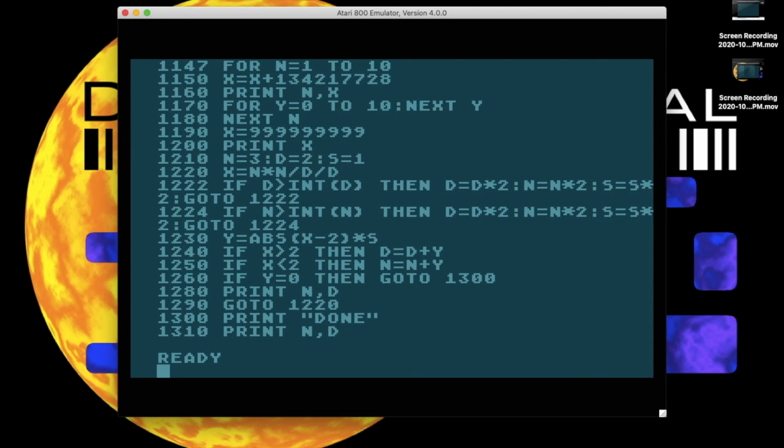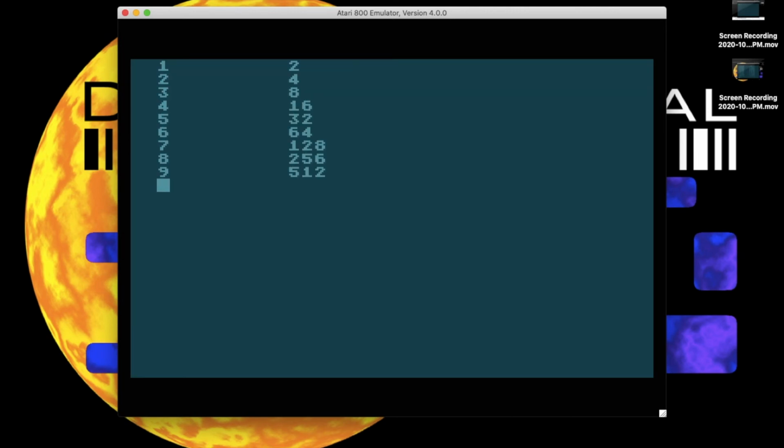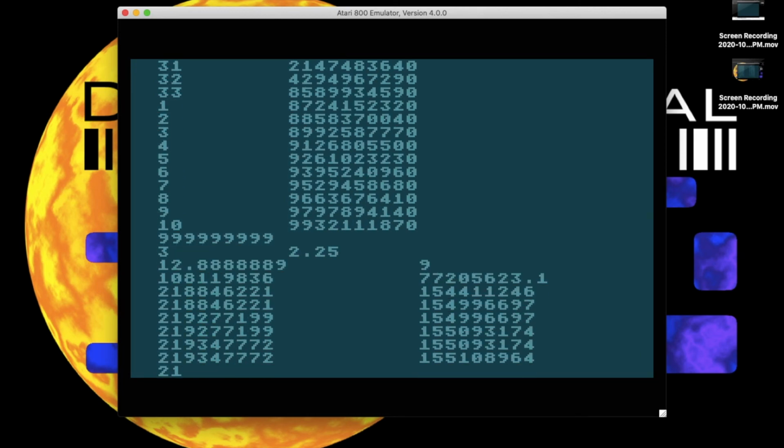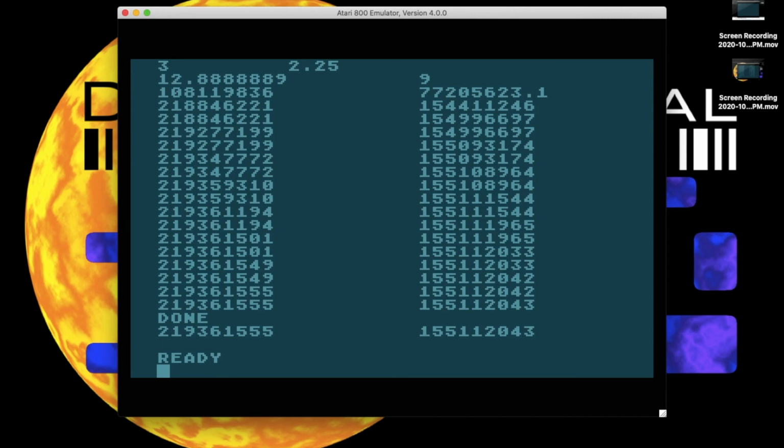Let's try running it now. Well, it seemed to work, and got some nice values, so 219361555 divided by 155112043.